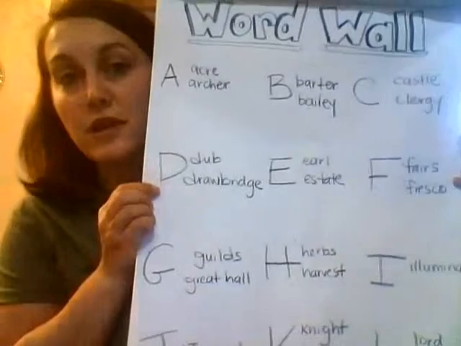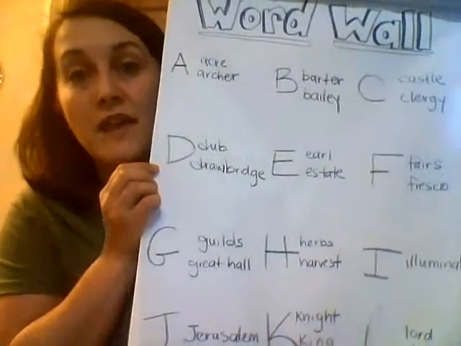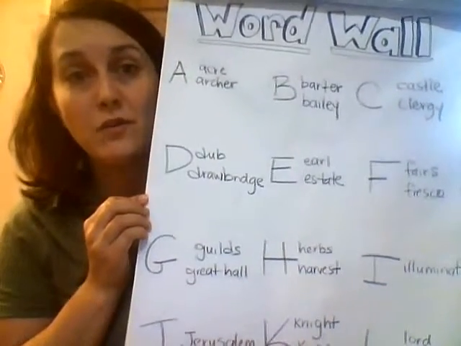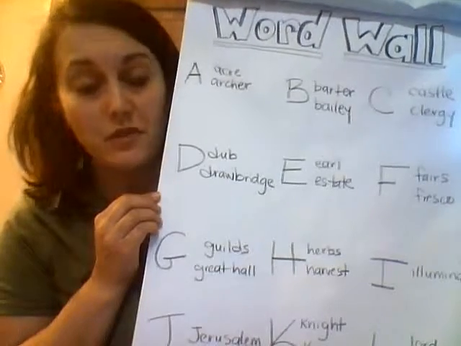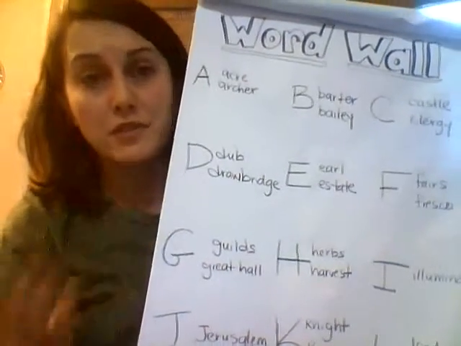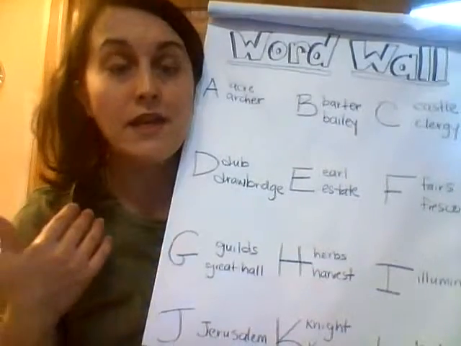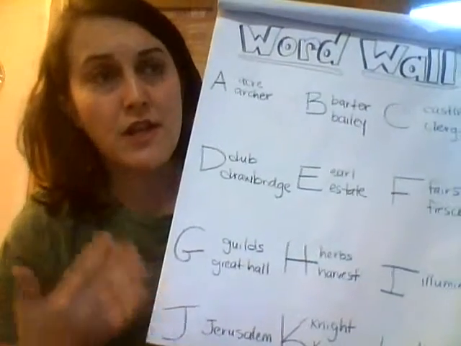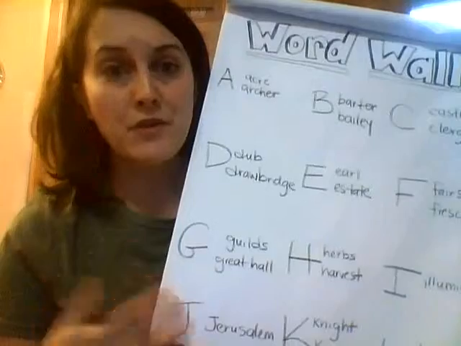This is just a way to organize it. So you have all of the letters alphabetically, and then as you're doing your readings, you can pick words to go on the word wall. So sometimes the teacher will pick the words, and sometimes the students will pick the words. It depends. The students have the option to add a word to the word wall, and then they can all explore the word together. And then if there's a word that the teacher thinks needs to be addressed that hasn't been addressed yet, they can add the word to the word wall as well.